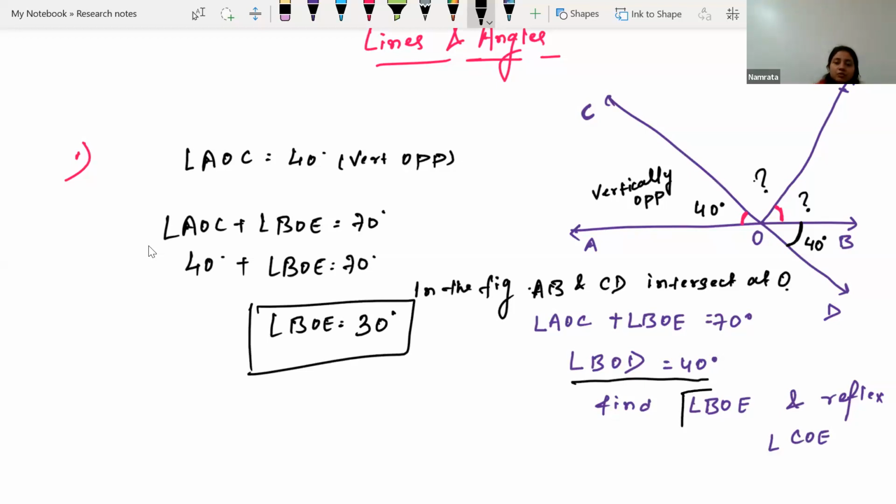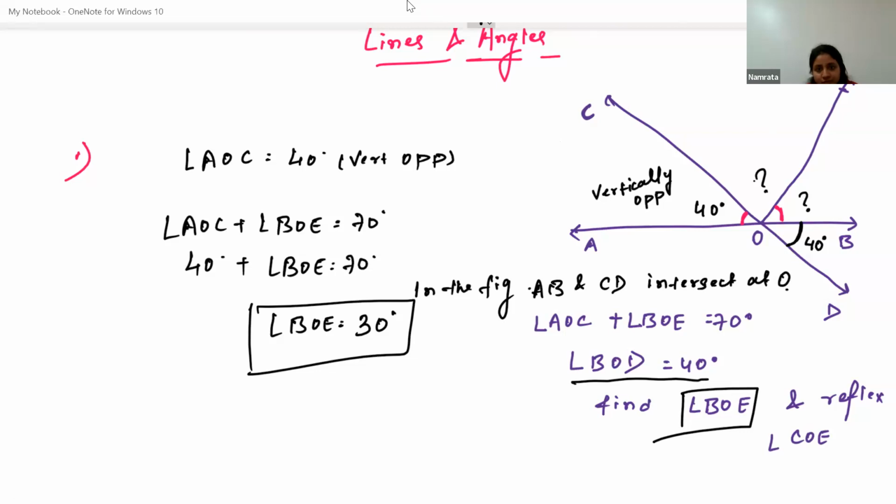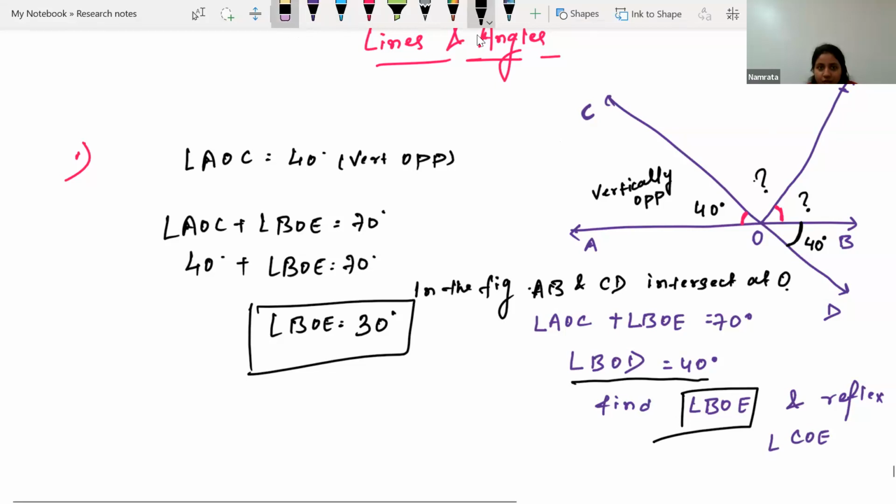We have already found one of the parts. Now the other part, COE, also we have to find. What to do to get COE? Tell me. Is AOD also equal to 30? No. Why no?